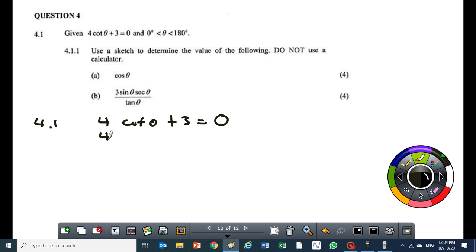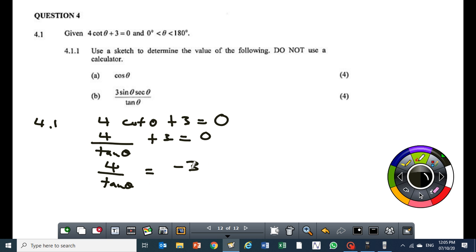So this becomes 4 times 1 over tan theta, which is 4 over tan theta, plus 3 equal to 0. Then you take the 3 to the right, so you end up getting 4 divided by tan theta is equal to minus 3.